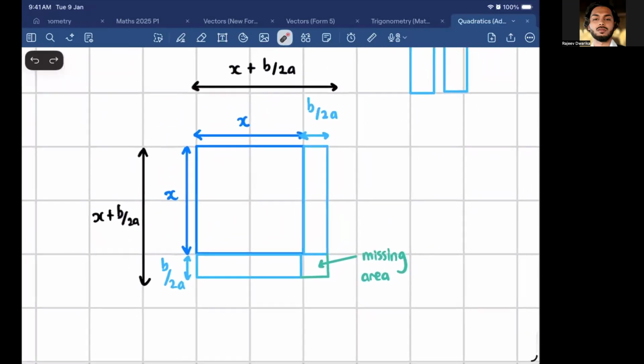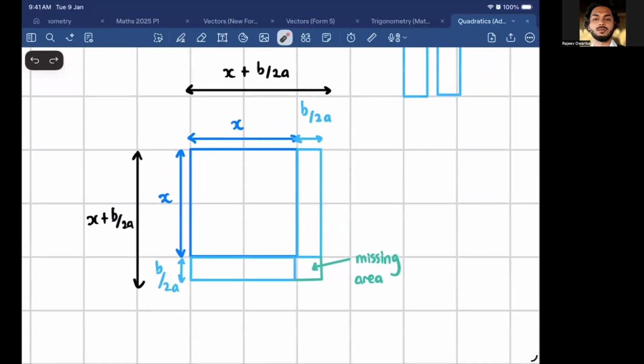Look carefully, Serena. How would I find the area of this small square over here? It's not that deep, and it's easier than you think. You could do x plus b over 2a squared. That would be for the entire square, right? But we want to figure out the area of the missing square.